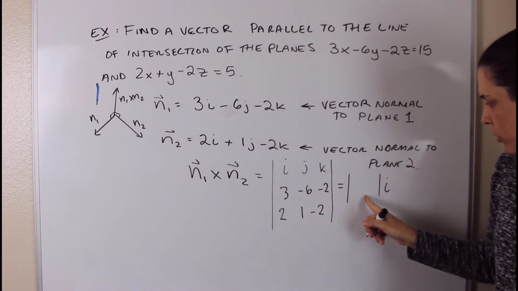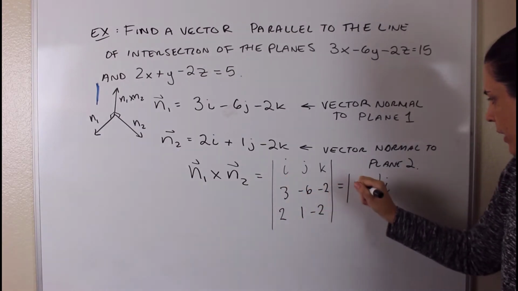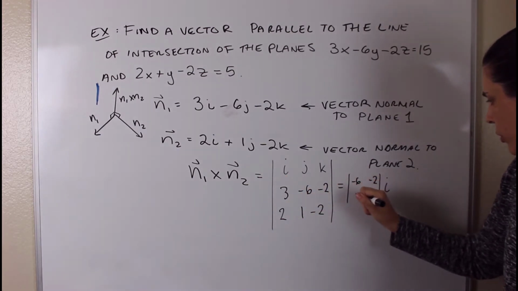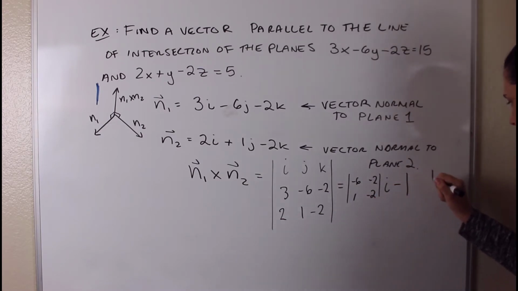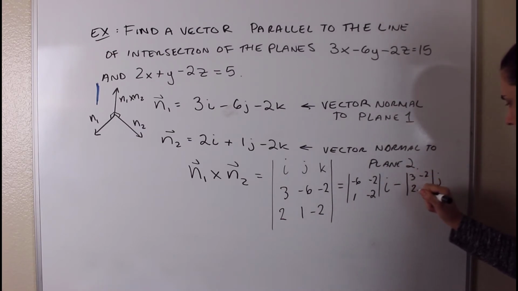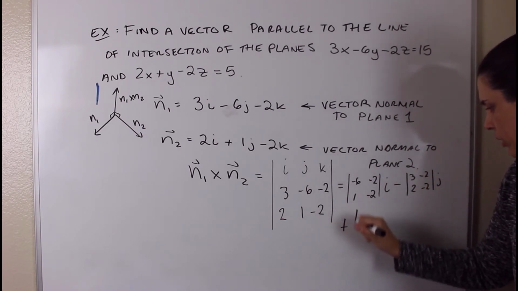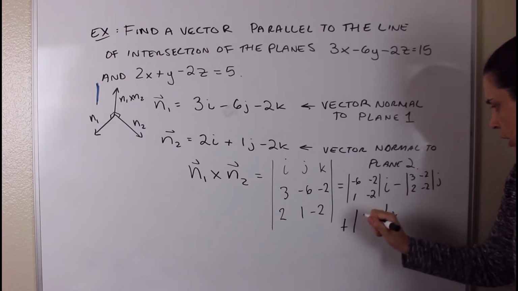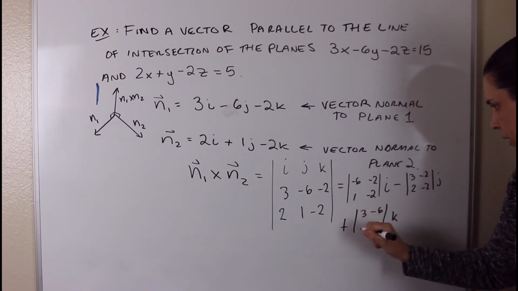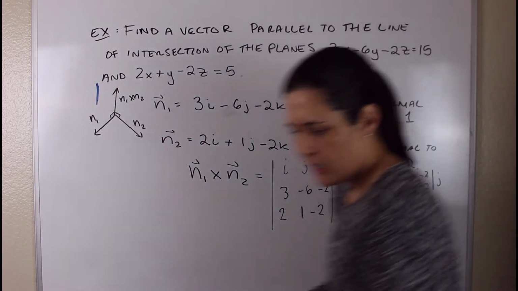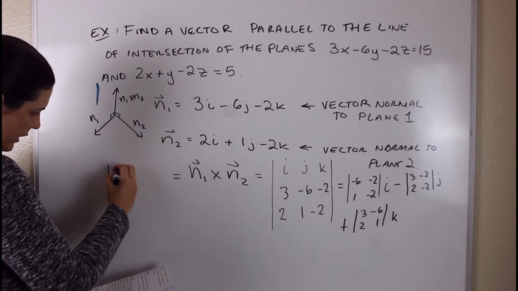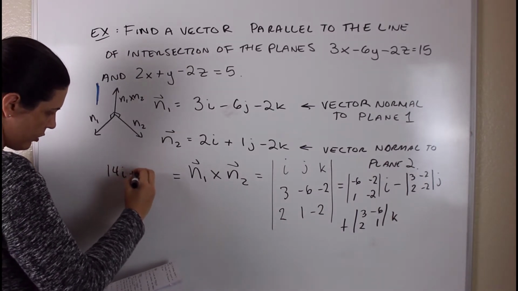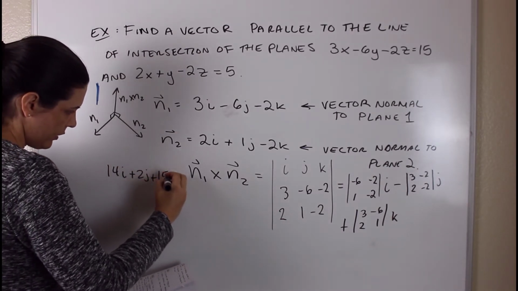The 2x2 with i is negative 6, negative 2, 1, negative 2, minus the 2x2 determinant for j, which is 3, negative 2, 2, negative 2, plus the 2x2 determinant for k, which is 3, negative 6, 2, 1. If you work that out, I ended up getting that this equals 14i plus 2j plus 15k.